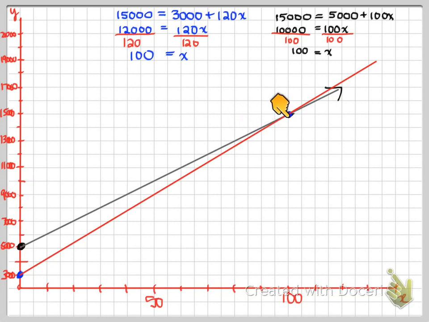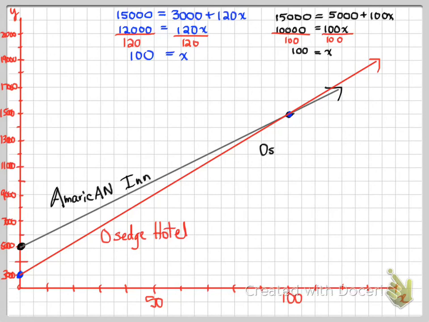If you were to spend more than $15,000, then that's when American Inn turns out to be the better deal, because you can see that the American Inn line actually goes below the Osage Hotel line. Osage Hotel was in red and the American Inn is the blackish gray line.